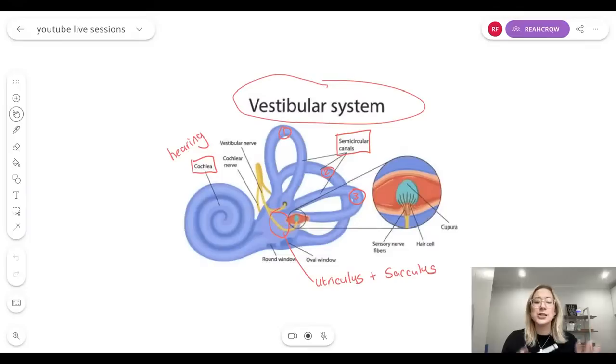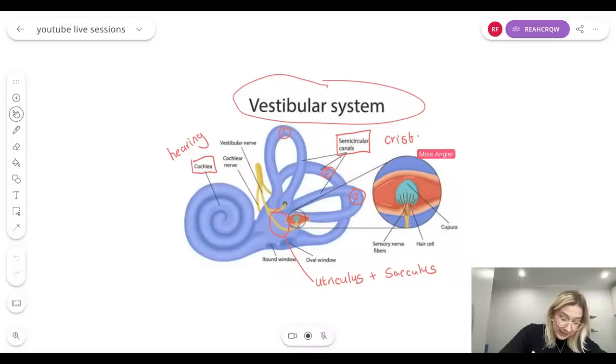Now, you don't need to know all the intricacies of the different membranes and the this and the that. No, no. All you need to know is the name of the sensory organs inside each of these. Now, the semicircular canals, they are going to contain your cristae. That is your sensory organ.